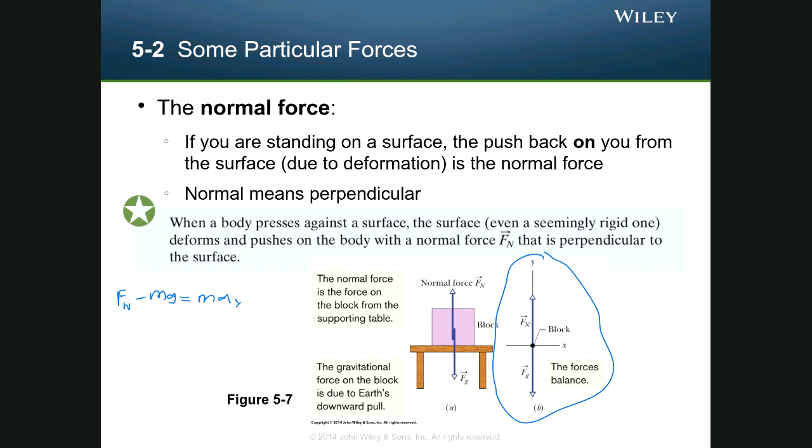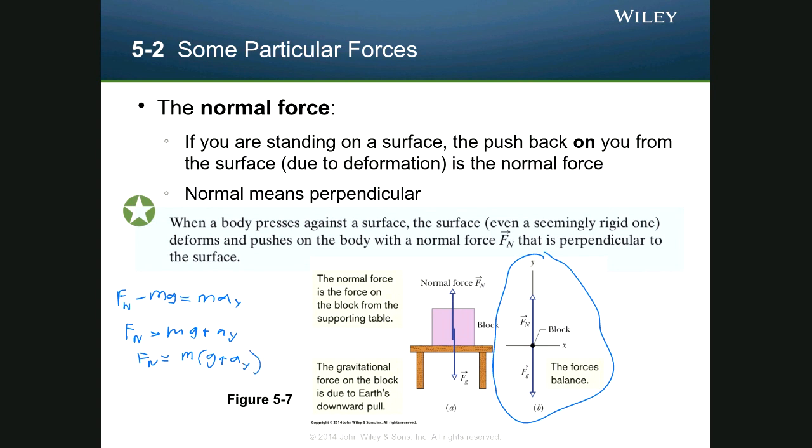Now, we can solve for Fn. That equals mg plus ay, and Fn is going to equal m times g plus ay.